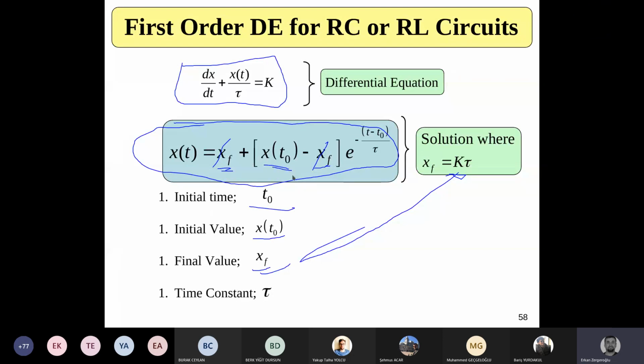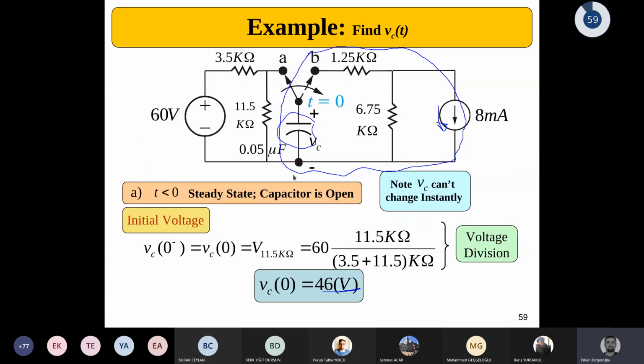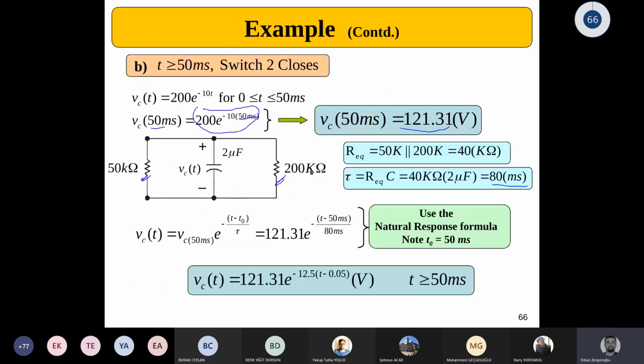The initial value is now 121.31 times e to the (t minus 50 milliseconds), don't forget about that, divided by tau. That is how the system will behave after t is equal to 50 milliseconds.